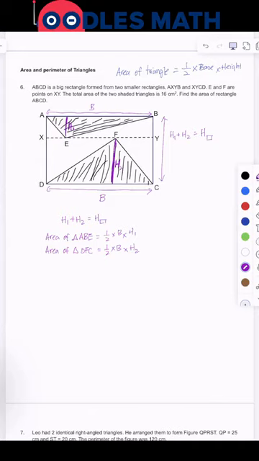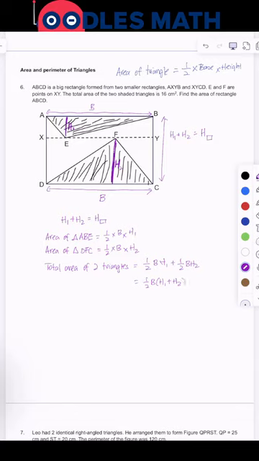Okay, so now let's find the total area of the 2 triangles. The total area of the two triangles will be half base H1 plus half base H2. Alright, so if we take out the common factor there, it is half times base times H1 plus H2.